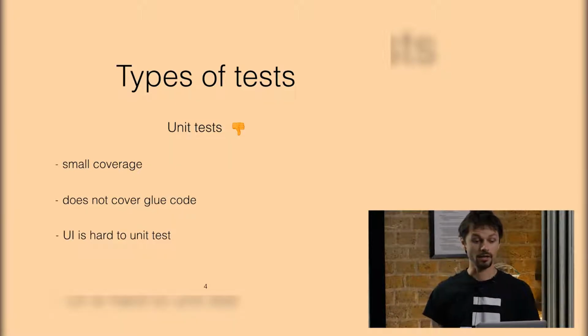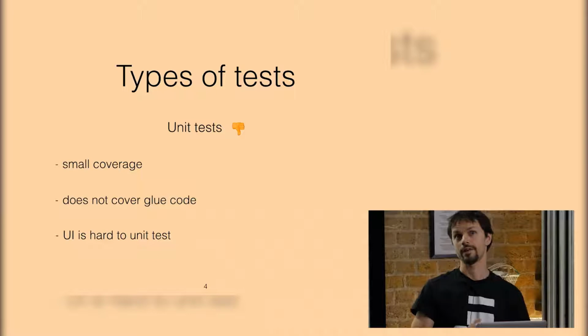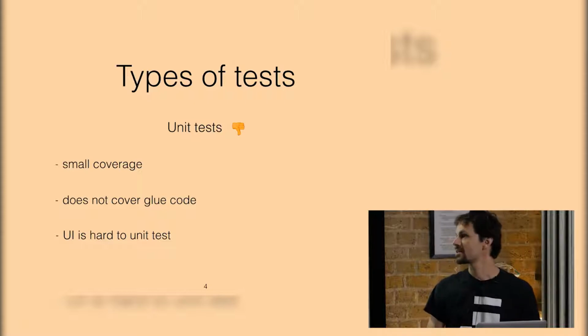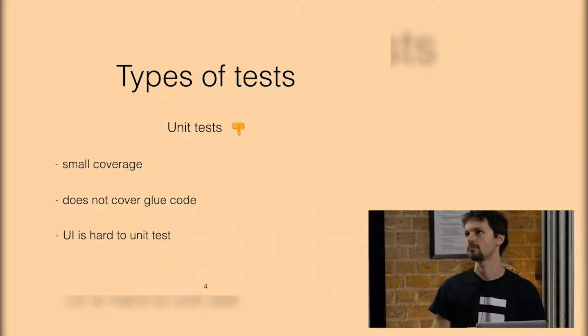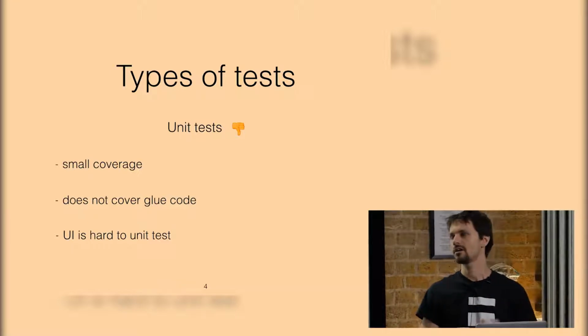And finally, the user interface is typically hard to unit test, because UI code runs in the context of this massive global API called the DOM, and unless you're using particular frameworks such as React that remedy that problem, it's kind of hard to have a unit.